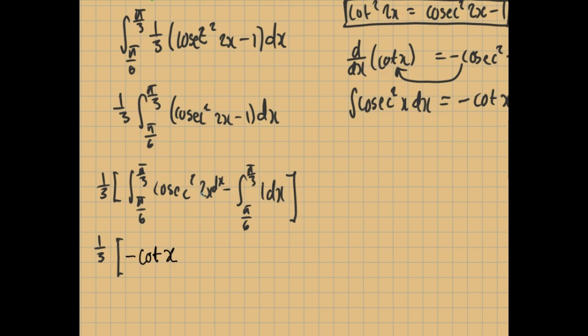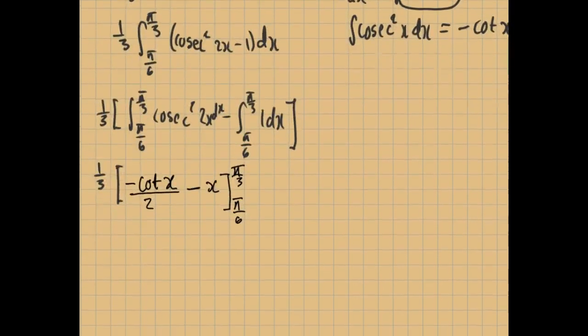But because it was cosec squared 2x, I'll divide by the derivative, which is 2, not 2x. The derivative of 2x is just 2, so I divide by 2. And I say this minus the integral of 1 with respect to x, which is x, with the same bounds, from pi over 6 to pi over 3.